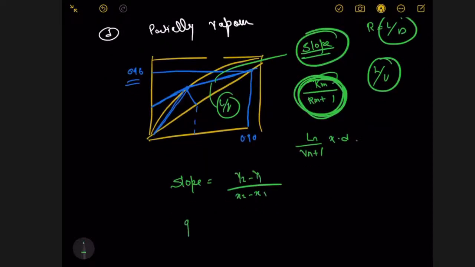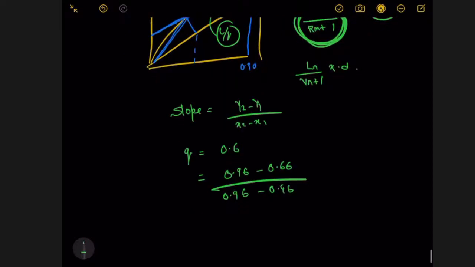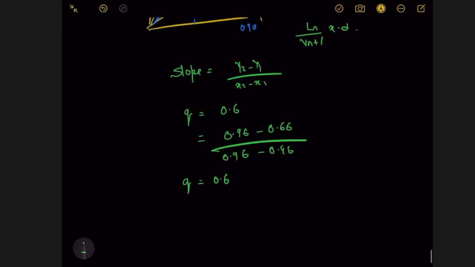Calculate this: 0.96 minus 0.66 upon 0.96 minus 0.46, so the slope is 0.6. So you can calculate the value of Rm. It is 1.5.